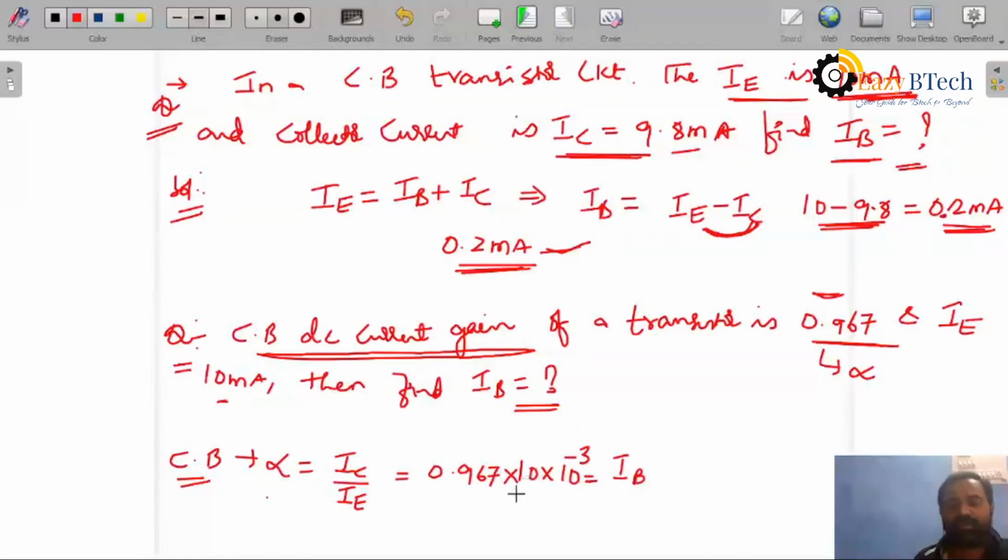Now what are you getting? 9.67 into 10 power minus 3. If you want to write in micro, you may write it in that manner.